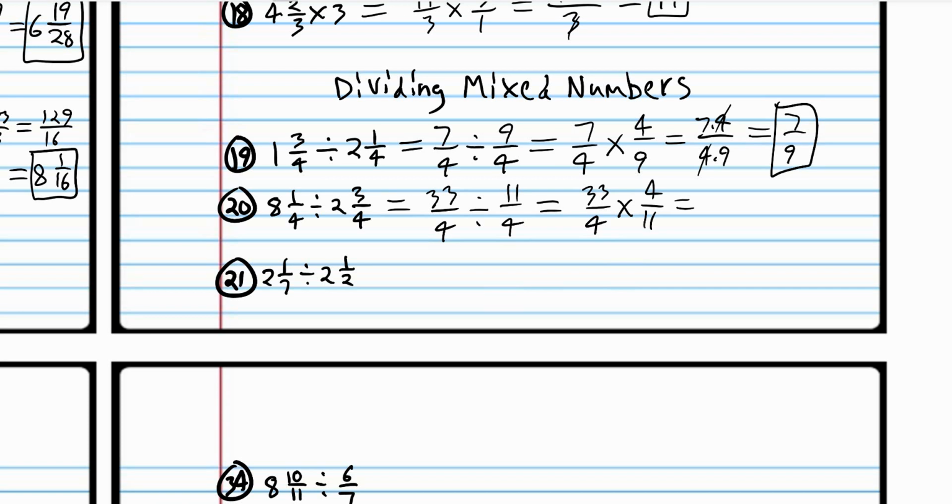All right, so now we're going to put these together. So 33 times 4 over 4 times 11. And then we can factor 33 into 3 times 11. Now, how did I know that? Because I know my multiplication facts. Then we can cancel out the 11s, cancel out the 4s, and you're just left with 3 over 1, which is equal to 3.